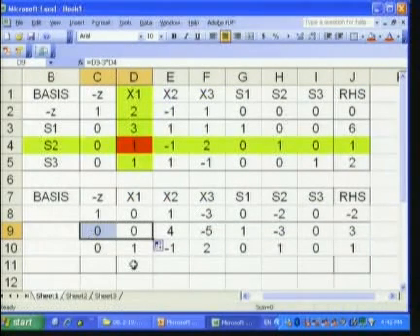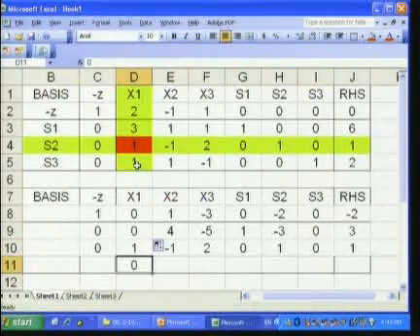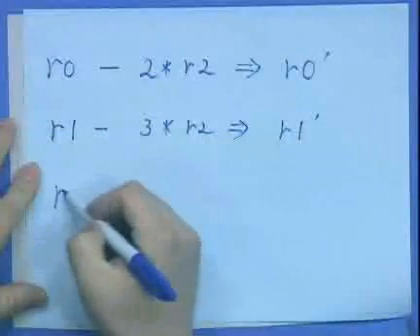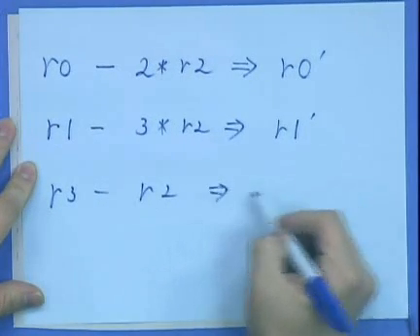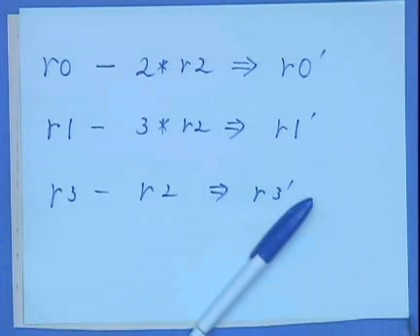Okay? And lastly, how would you make 0 from 1 using this pivot cell? Okay, right? So row number 3 minus row number 2 becomes the new row number 3, right?